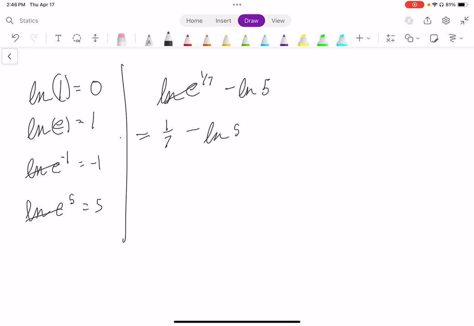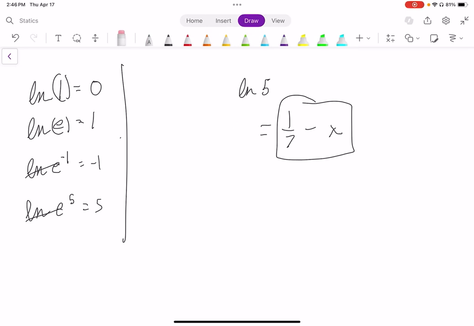Well, we know that the natural log of 5 is really e to what power is going to equal 5. That's not something you're expected to know off the top of your head, so you would need to use a calculator to reduce this. And this would be your final answer in the instance that this is equal to x.